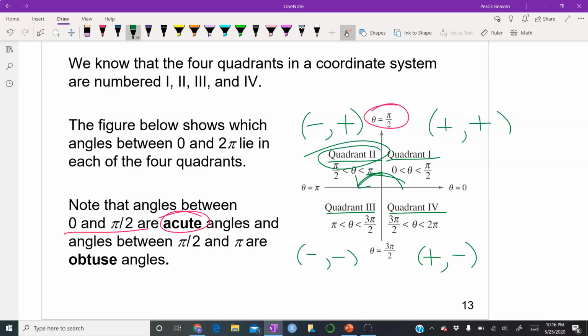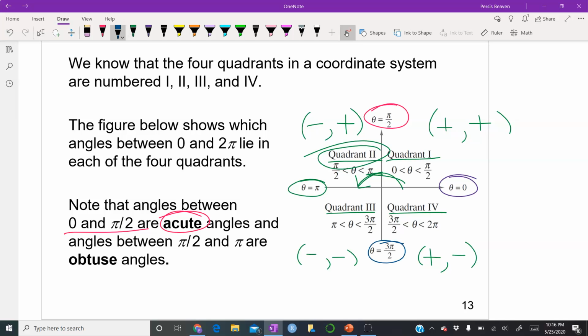They're still smaller than, that theta equals pi. And in fact, the ones that I'm circling also theta equals 0. And lastly, it will be the one here, 3 pi over 2.